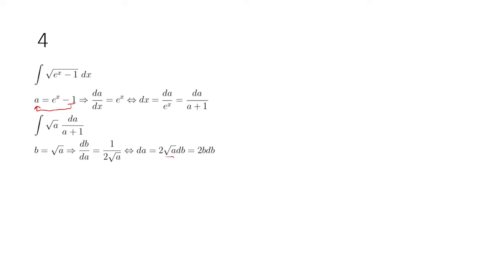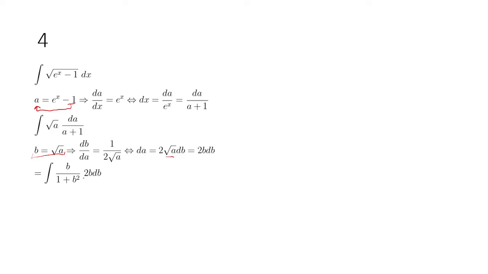Don't forget that the square root of a is equal to b, so it'll be 2b dB. So we can just substitute b and dB into the original problem. We'd be looking for the integral of b over 1 plus b squared multiplied by 2b dB.